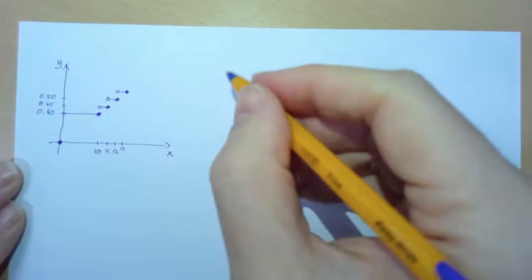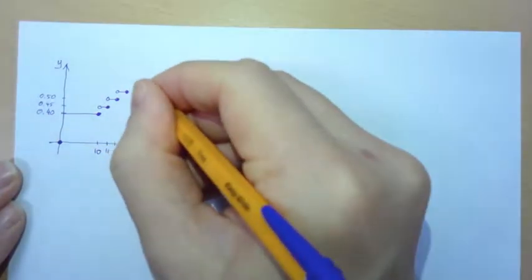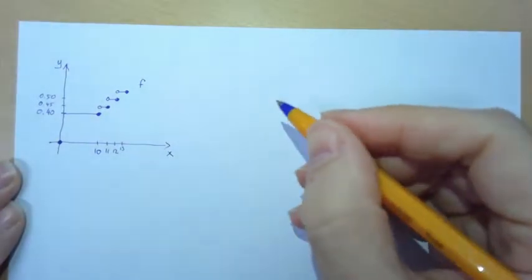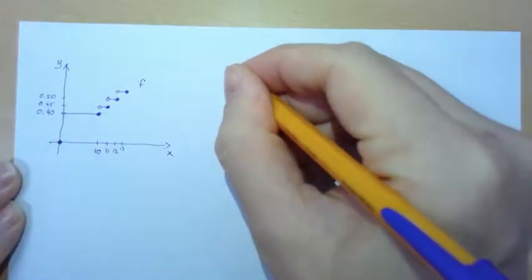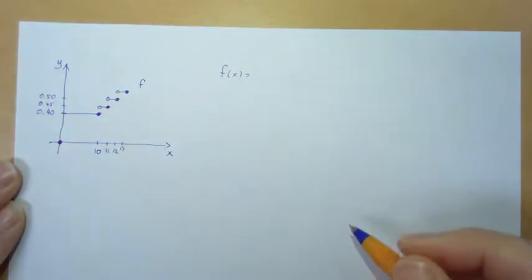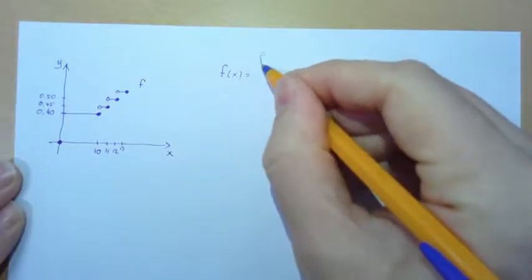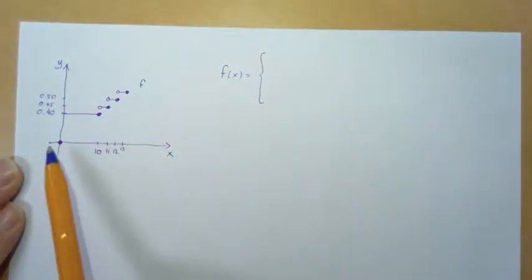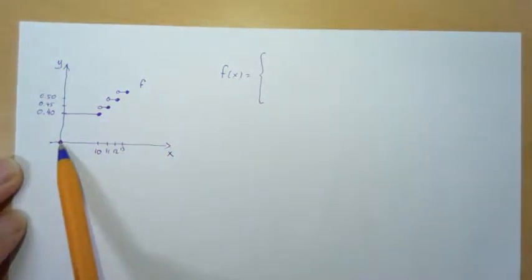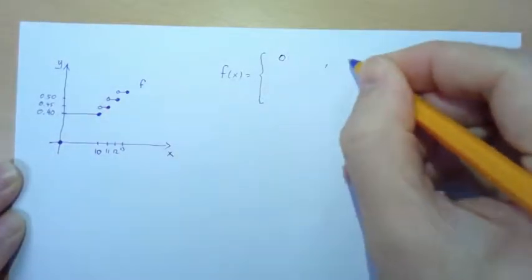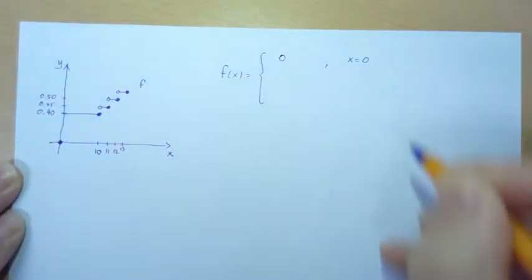So if we call this function f, maybe it was called c for cost, but whatever, f of x equals, well, if we want to say that 0 minutes costs $0, we can just say it's 0 if x equals 0.